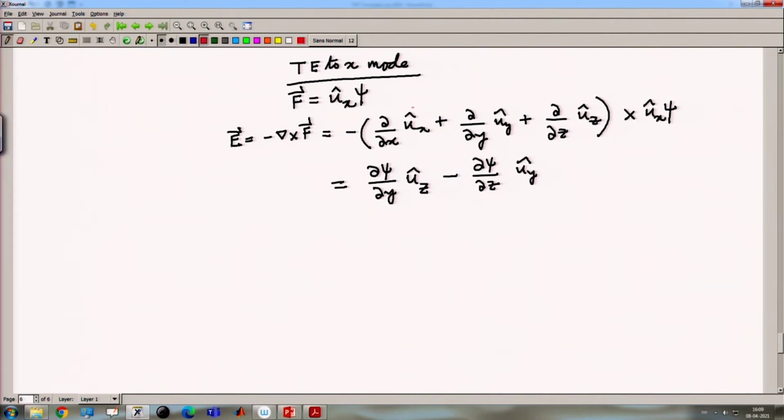Because these two terms are not going to contribute anything, u x cross u x will be 0.